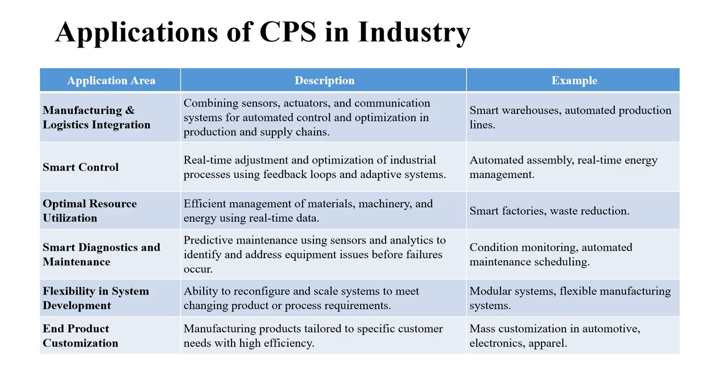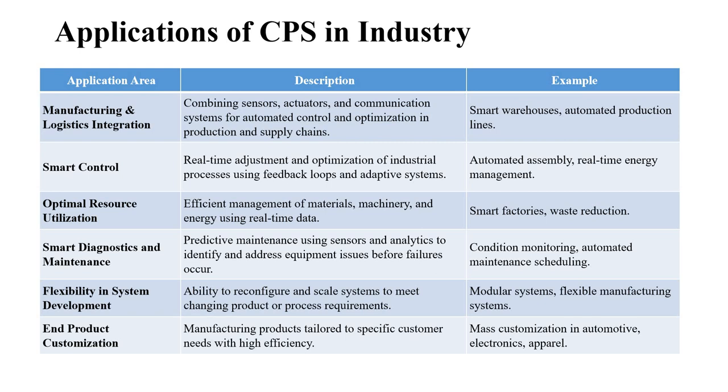So automated maintenance scheduling is nothing but a manufacturing plant uses the CPS to continuously monitor the equipment, and when a sensor detects a potential issue, for example a motor is running hot, then the system schedules a maintenance check before the equipment fails. Okay, that is about the smart diagnostics and the maintenance.